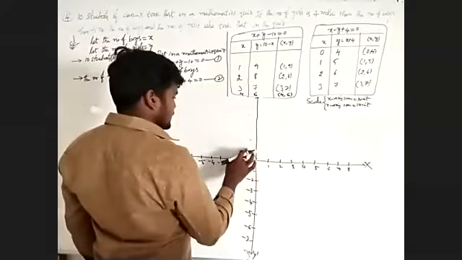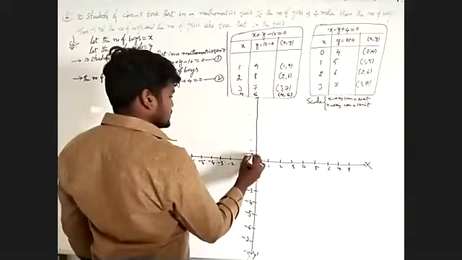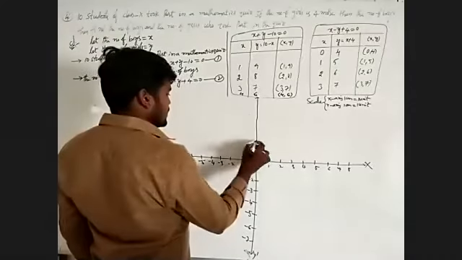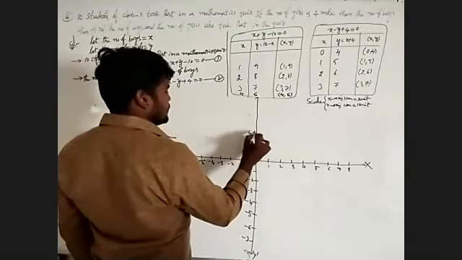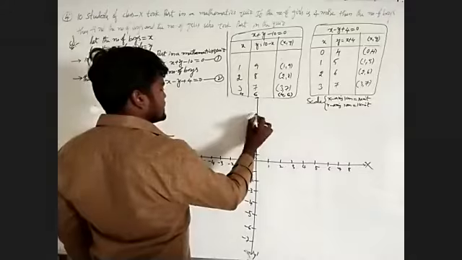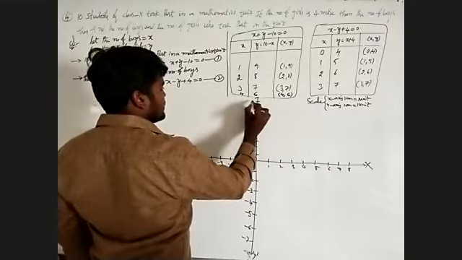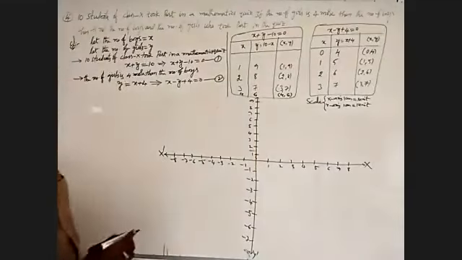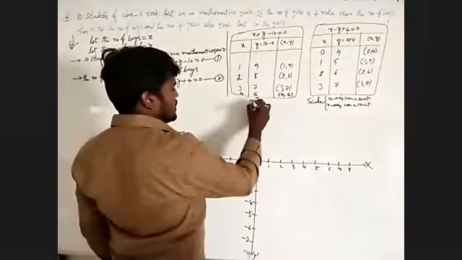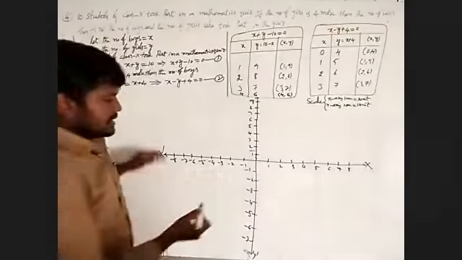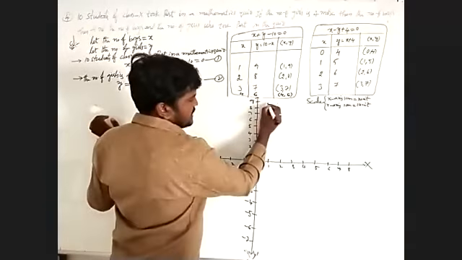This is 1, 2, 3, after that 4, 5, 6, 7, 8 and 9. Here the first point is 1, 9 that we have to take. The point is 1, this is 9, that is plotted.